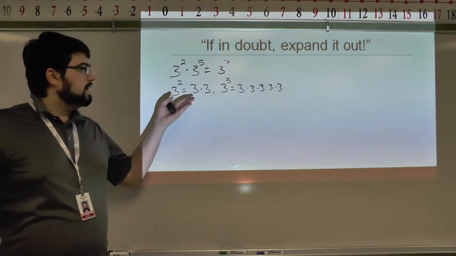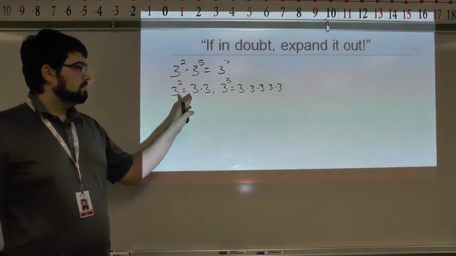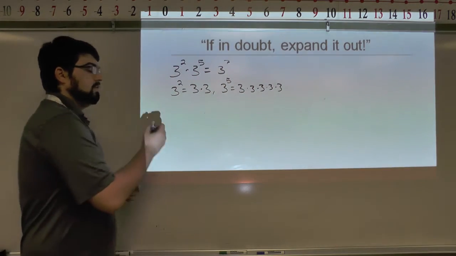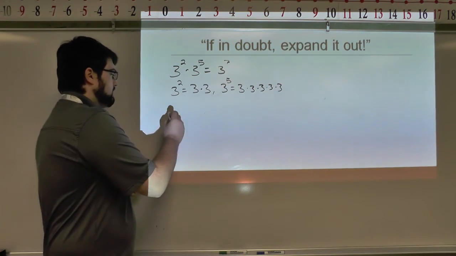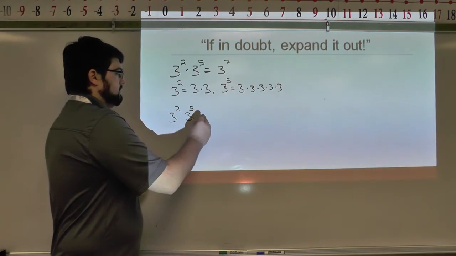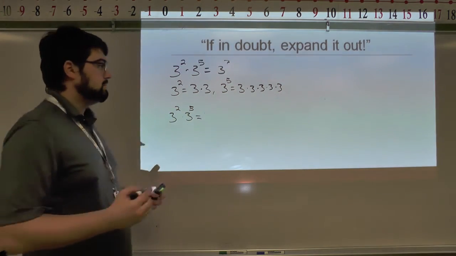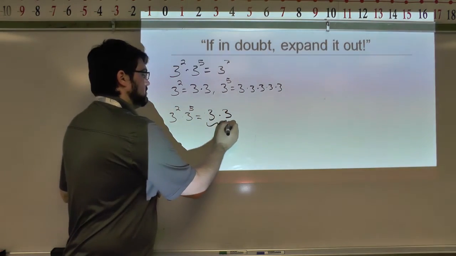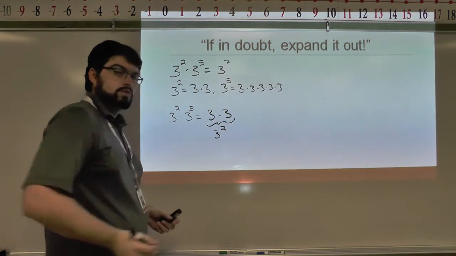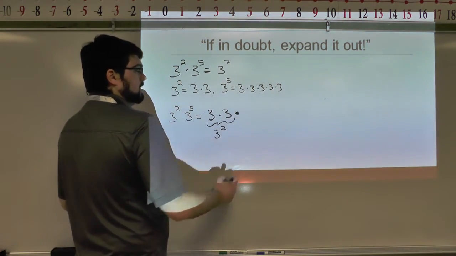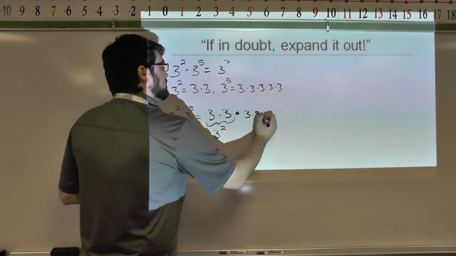So this means that I can simply replace the expanded form into the actual problem that we have. So we have 3 squared times 3 to the 5th power. Let's expand it out. 3 times 3. Well, this is just simply that 3 squared that we had. I still have the multiplication. 3 times 3 times 3.